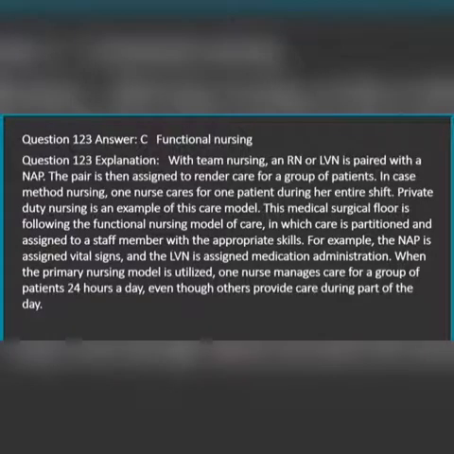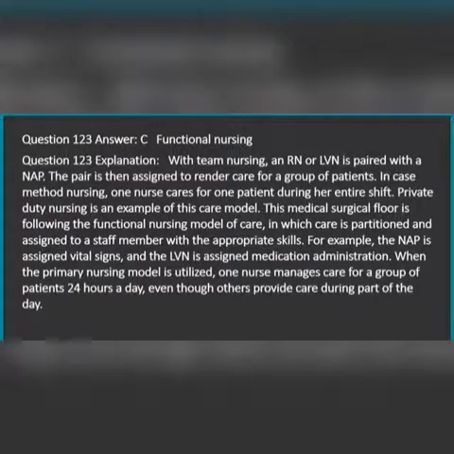Question 123. Explanation: With team nursing, an RN or LVN is paired with an AP. The pair is then assigned to render care for a group of patients. In case method nursing, one nurse cares for one patient during her entire shift. Private duty nursing is an example of this care model.